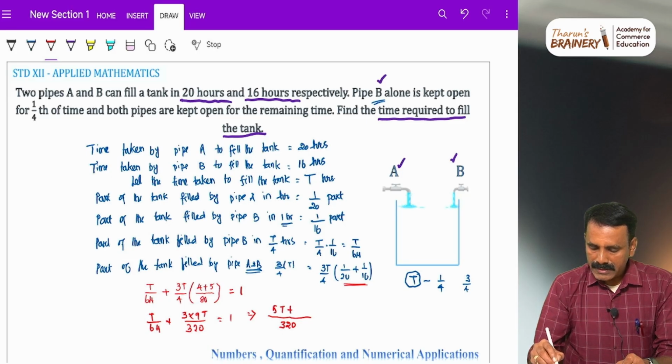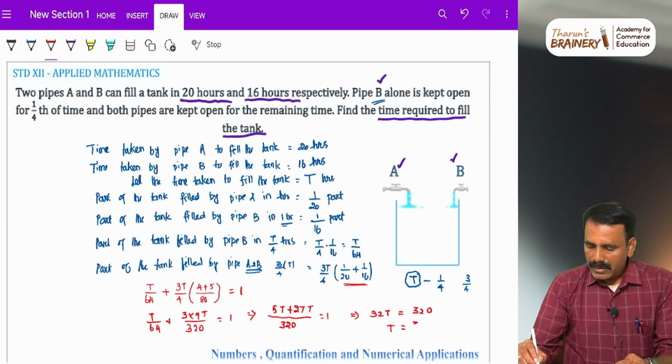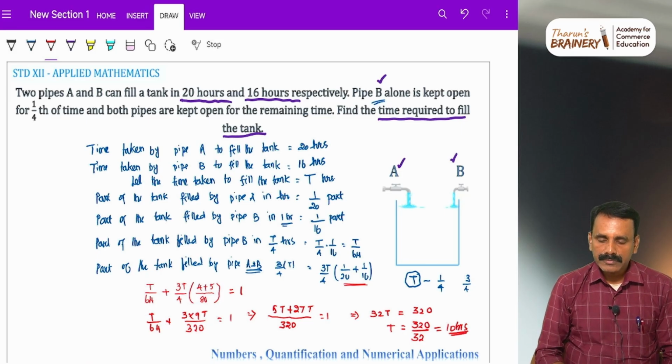So 5T plus 27T is equal to 1, which implies 32T is equal to 320. So T is equal to 320 divided by 32. When you simplify, the answer will be 10 hours. So the time required to fill the tank will be 10 hours.